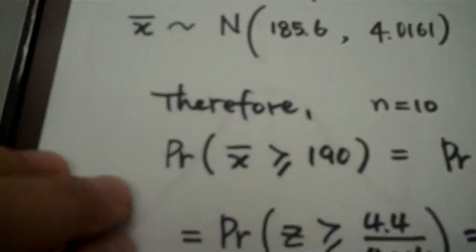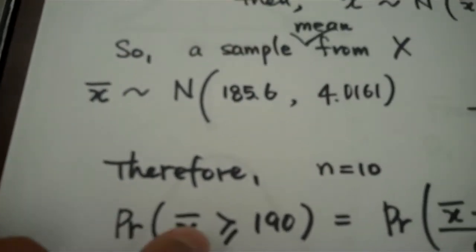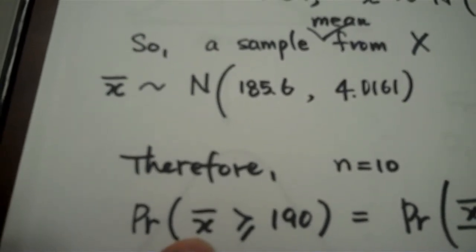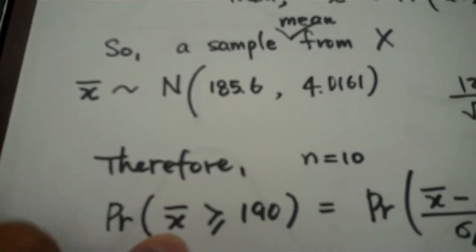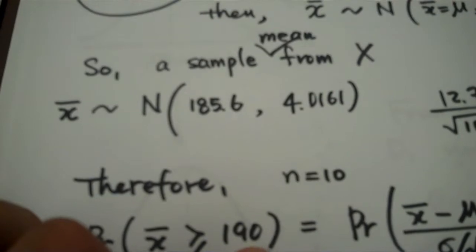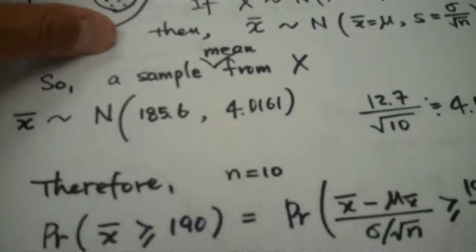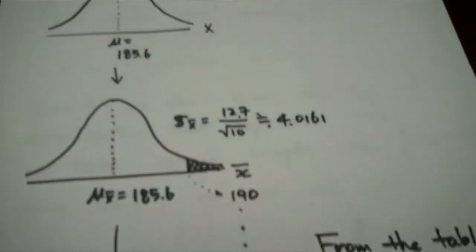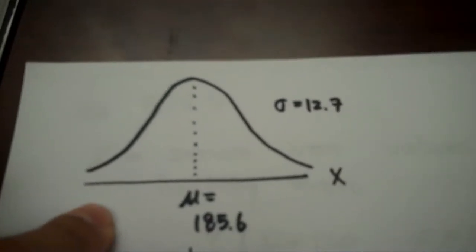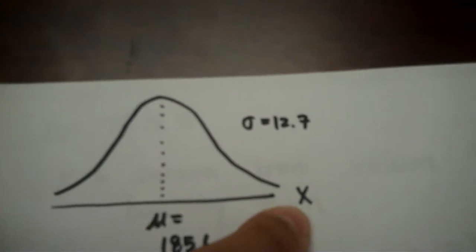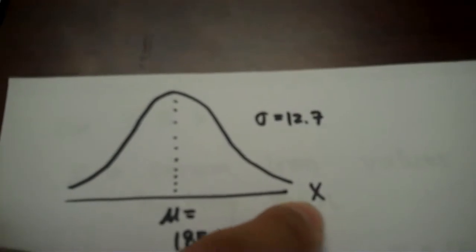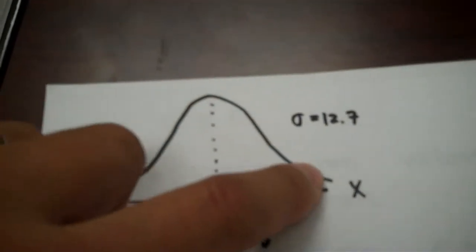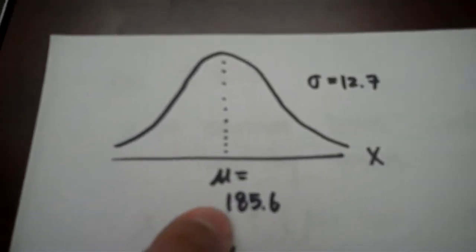So the question is: what is the probability that the mean of a random sample of size 10 is greater than 190? If we look at this on the normal distribution graph, the population variable follows an approximately normal distribution with mean 185.6 and standard deviation 12.7.